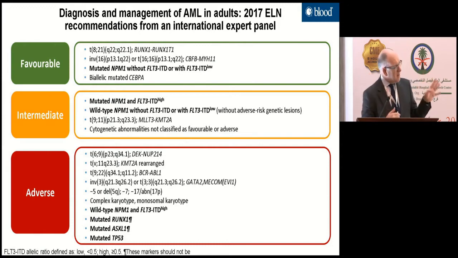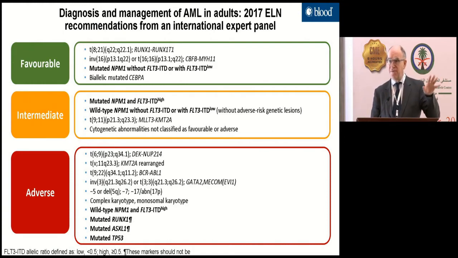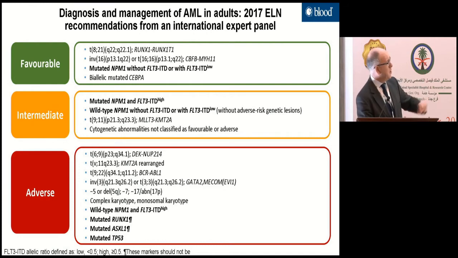So this is the ELN 2017 risk stratification, and I think this is a really important advance in terms of thinking how we treat newly diagnosed fit patients with acute myeloid leukemia.